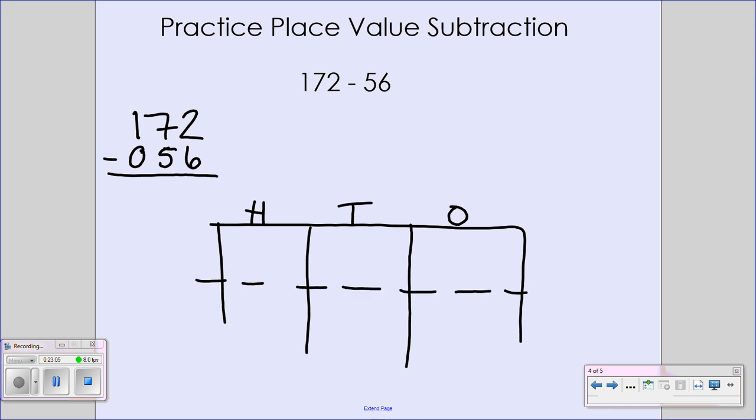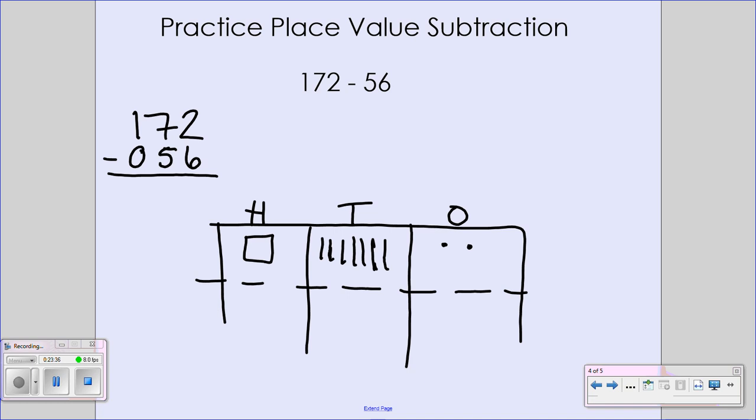How many hundreds are in 172, Courtney? 1. How many tens are in 172, Georgiana? 7, good. How many ones are in 172, Cheyenne? 2. How many hundreds are in 56, Taishir? 0.